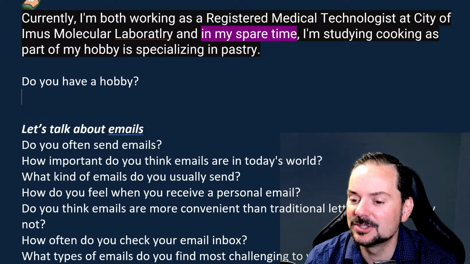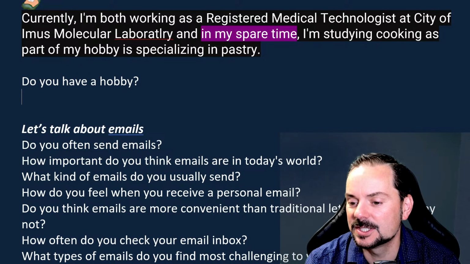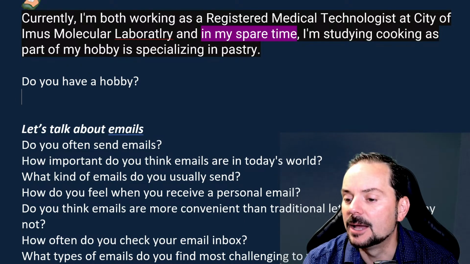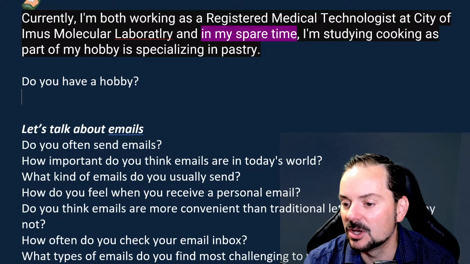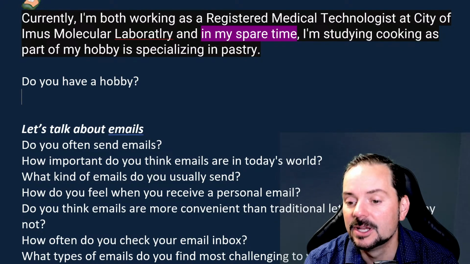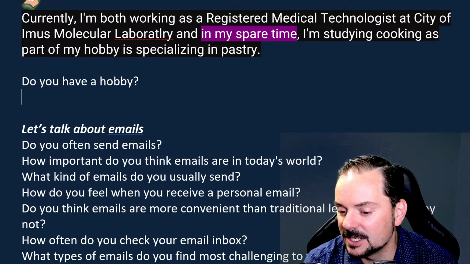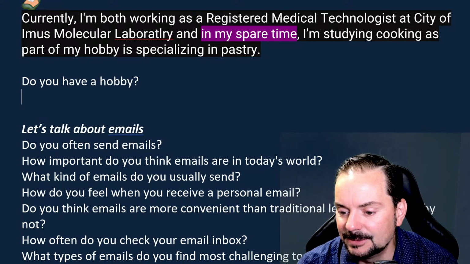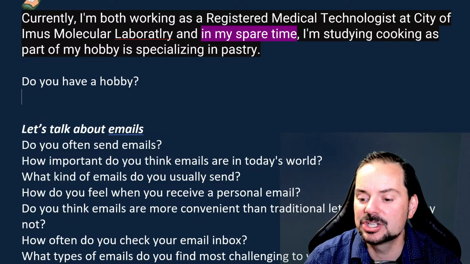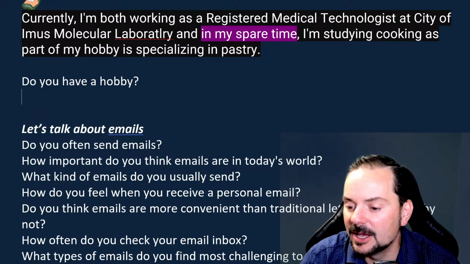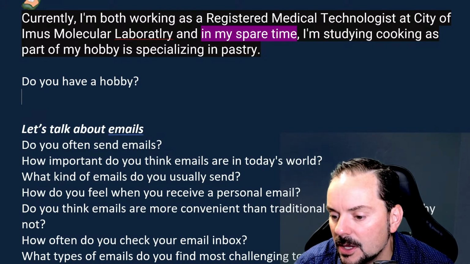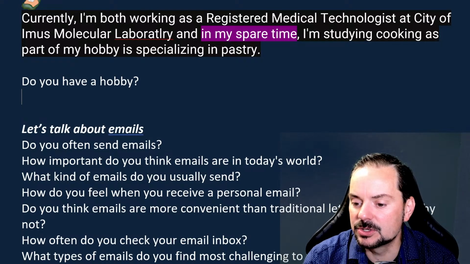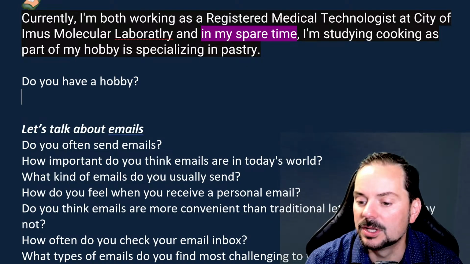Constellation, I see your answer to the previous. It's quite nice. Constellation says, currently, I'm juggling between my studies and my job. I'm majoring in international business and working in a logistics company as a salesperson. Very good, Constellation. Arya says, actually, I'm a student, but right now I am on a gap year after completing my high school and planning to apply for colleges this fall.